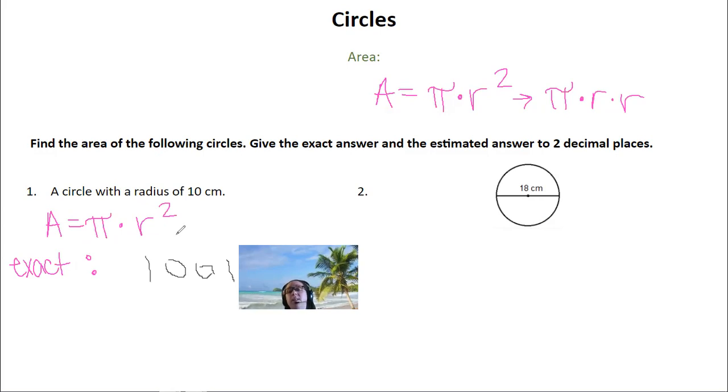Yep, very good. 100 pi is my exact answer because I'm going pi times 10 squared. Okay, so what would the rounded or estimated answer be then?